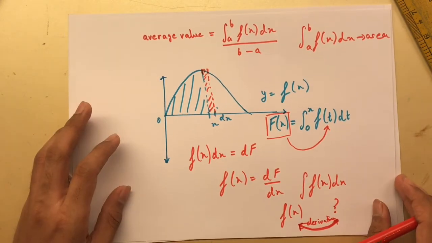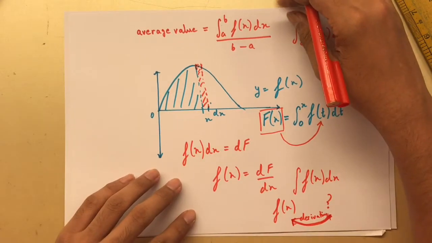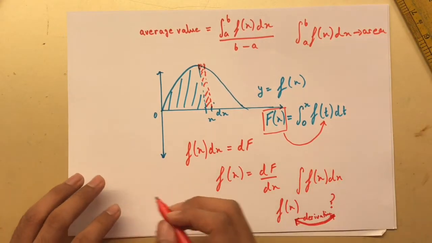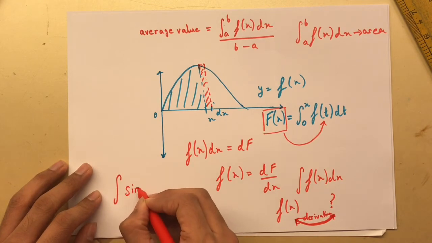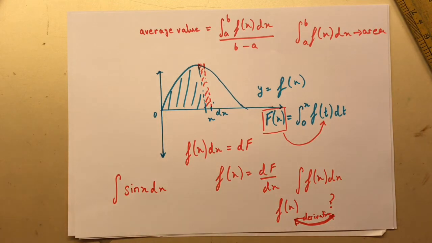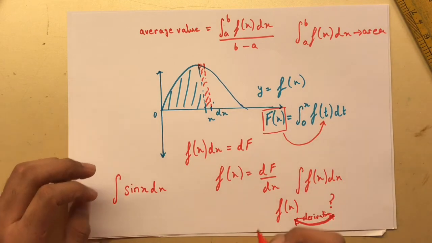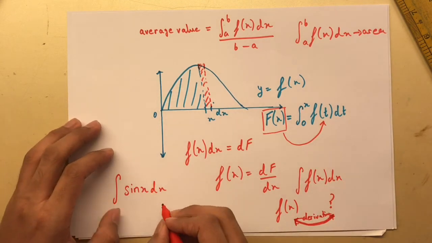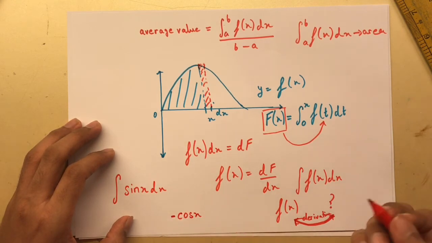As an example, if we want to find the integral of sine of x dx, we need to think about the derivative of which function would give us sine of x. We know that the derivative of cos of x gives us negative sine of x, and therefore the derivative of negative cos of x would give us sine of x, right?